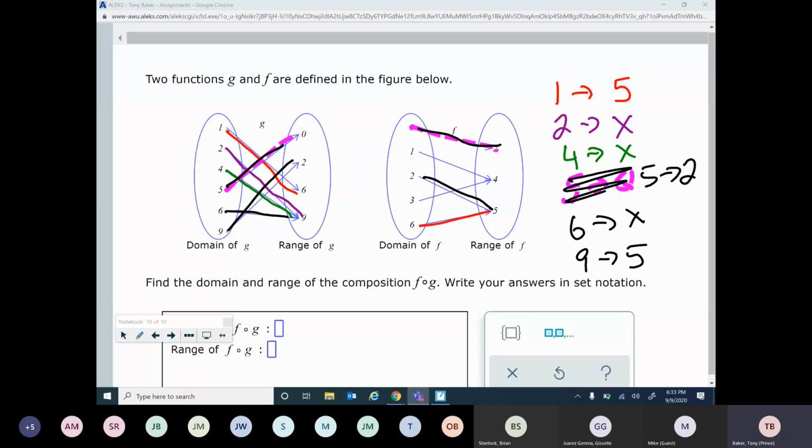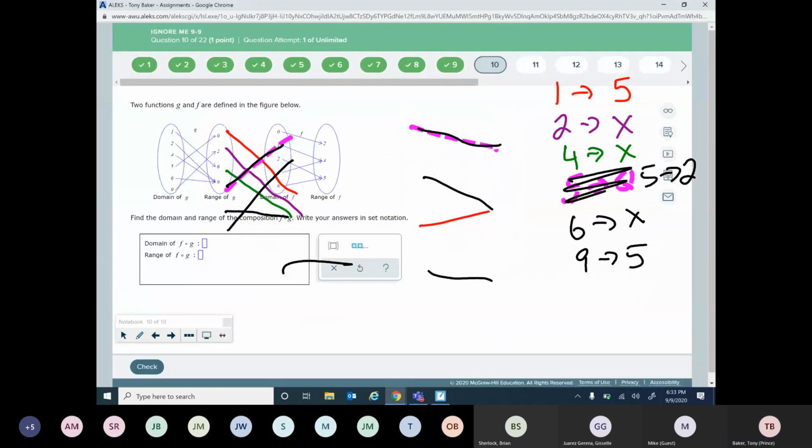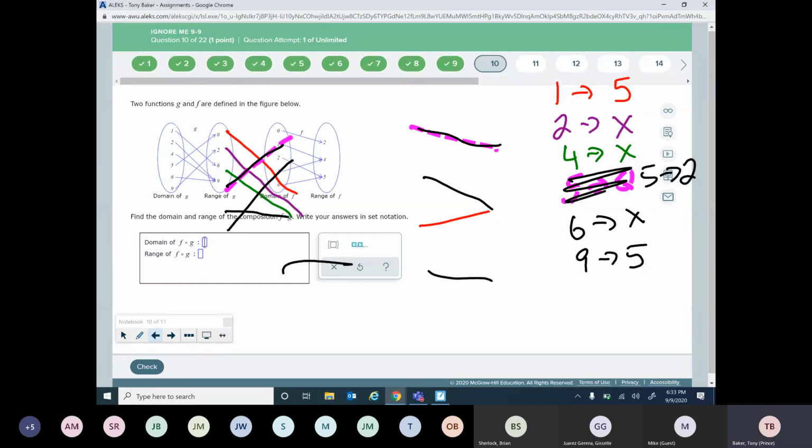Okay. So now when we're doing this, when you're typing your answer in, you're going to type your domain as all the numbers that work first. So we use the set tool, the set notation. So we have 1 worked, 5 worked, and 9 worked.